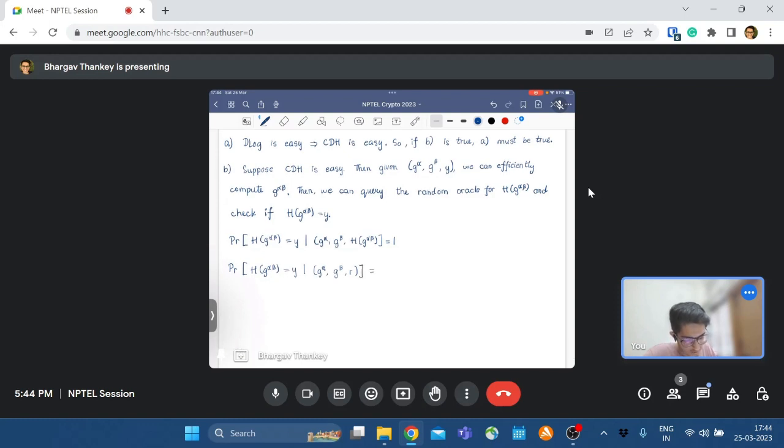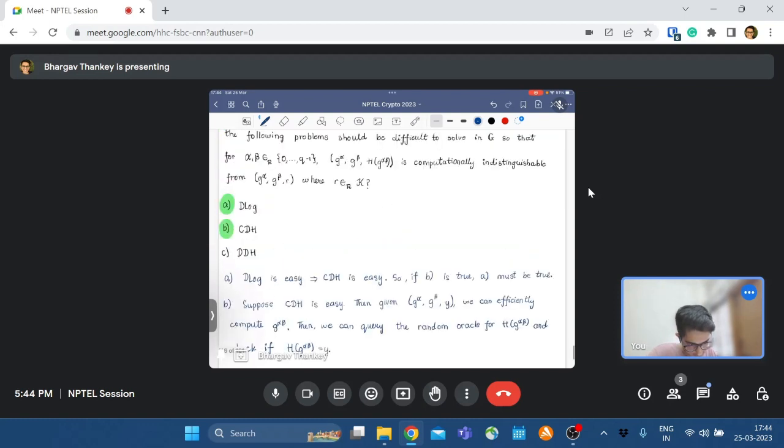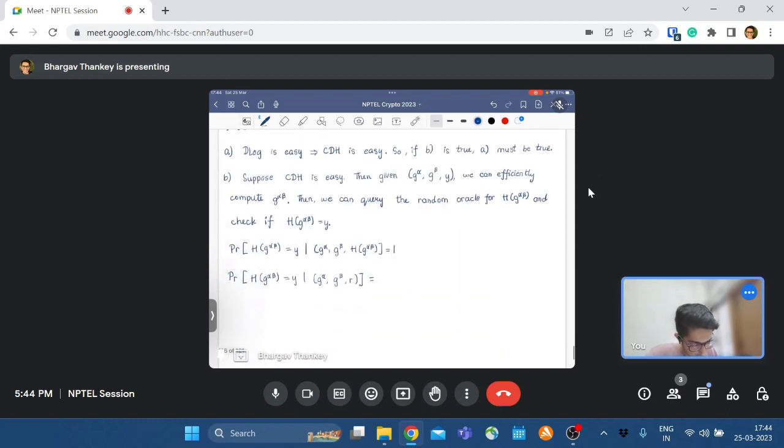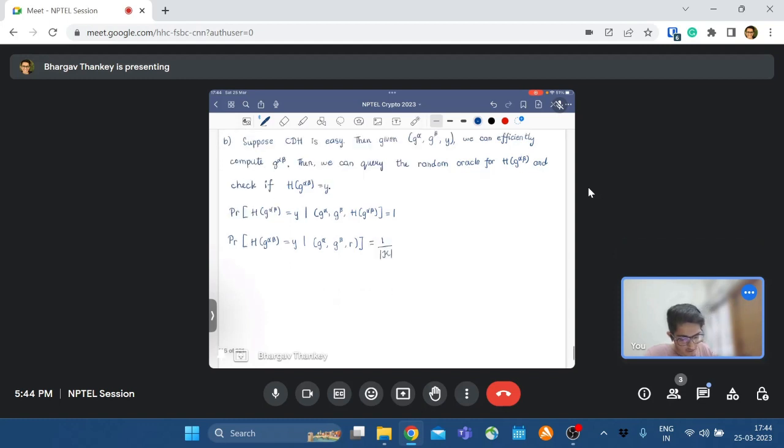Okay, so this will be, wait, what is the domain here? Domain is k, right? This is 1 over size of k. So we'll say distinguishing the two with probability 1 minus 1 over size of k.